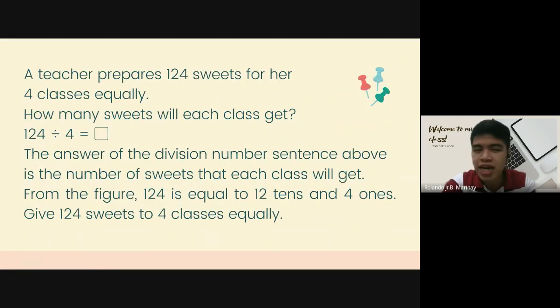For example, a teacher prepares 124 sweets for her 4 classes equally. Page 148. How many sweets will each class get? So 124 divided by 4 equals.